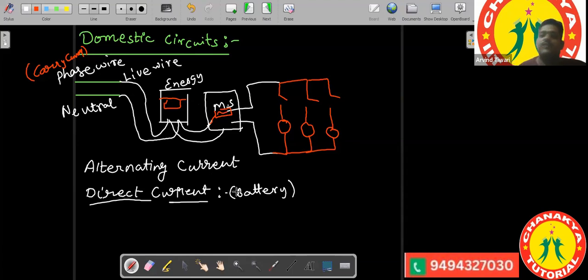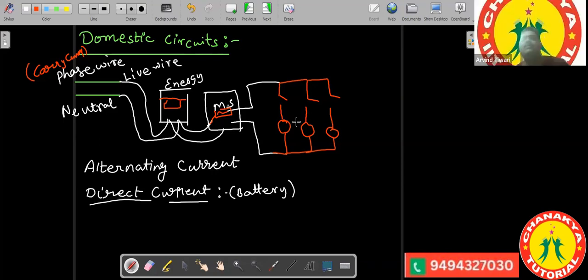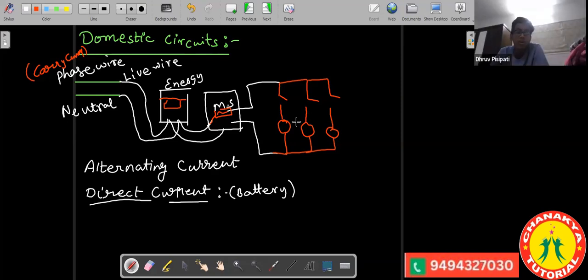Okay, can anyone guess why we connect all the devices in parallel and not in series? The current supplied will be different for series and parallel, right? So why are we not connecting them in series? Why are we connecting them in parallel? Sir, the resistance will be more in series.